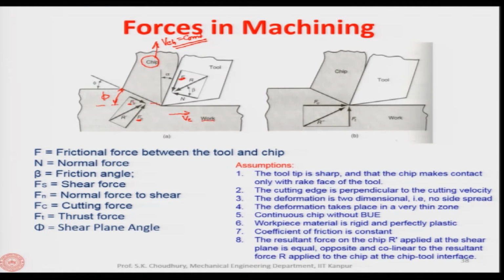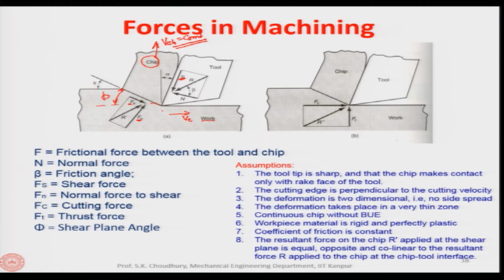So, since Fs is parallel to the shear plane, Fs is considered to be the shear force, okay, and normal to that is the Fn. Now, we have four components: F friction force, N normal force, Fs shear force, and Fn normal to the shear force.